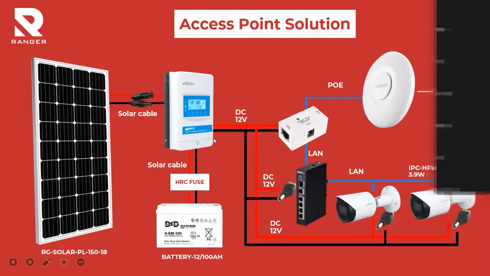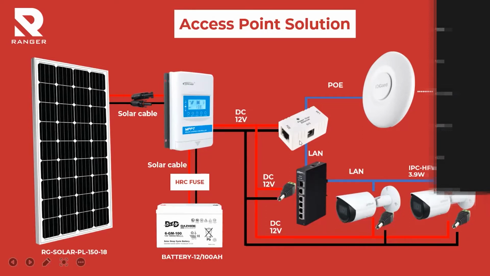The output of the MPPT will give 12 volt because we only use one camera. The output will power up the PoE injector, the network switch, and the camera. To power up the network switch, PoE injector, and camera, we must use an AC/DC jack male.